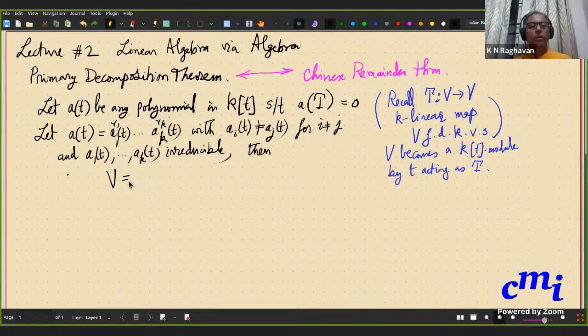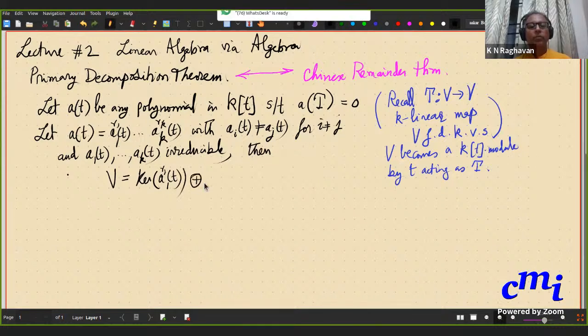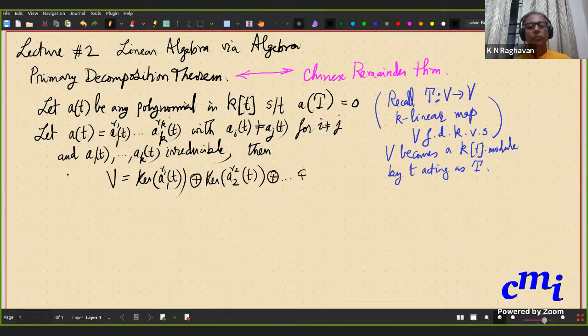Then, here is the statement. V is the kernel of A1(T) to the R1, direct sum kernel of A2(T) to the R2, direct sum, up to kernel of AK(T) to the RK. Instead of this t, you can write a capital T. It doesn't matter which you write, but since I wrote a capital T here, I am writing capital T here.